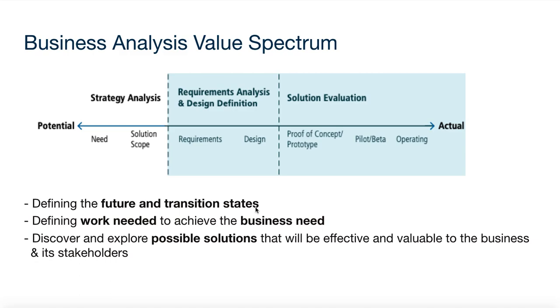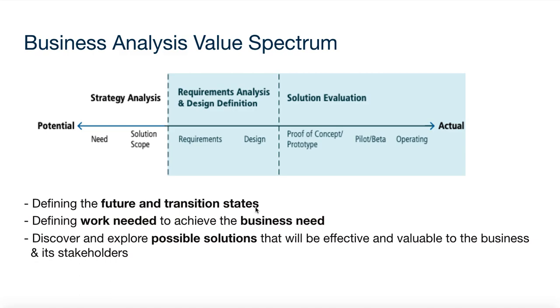So you always need to define the future as well as the transitional states, because you might have a destination, for example, a very silly example, Mars or Jupiter, but the transitional states, the steps, might be very few, so you may not even know what step to take. It might be very unclear. So it's very important that you understand your destination first, what the future state is, and then you'll be able to define the transitional states.